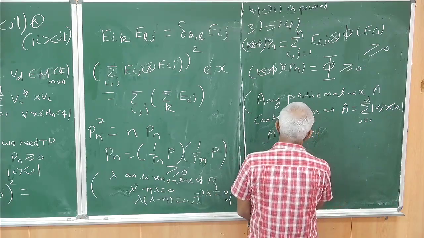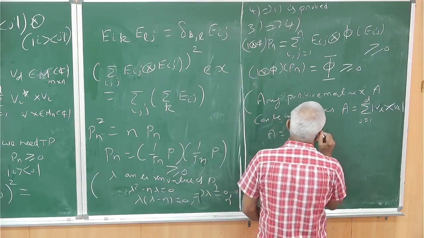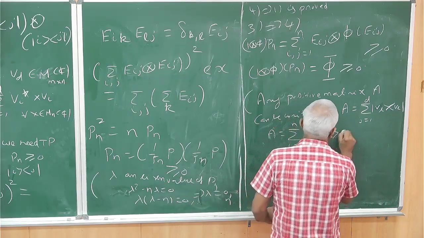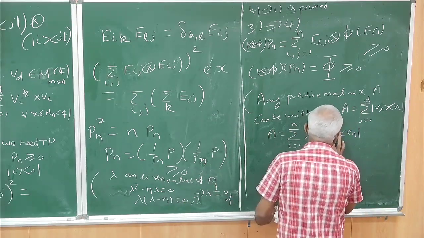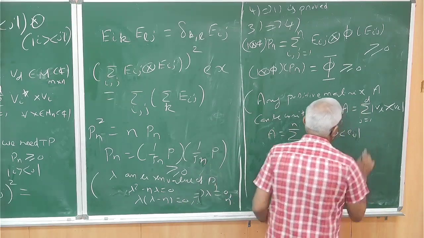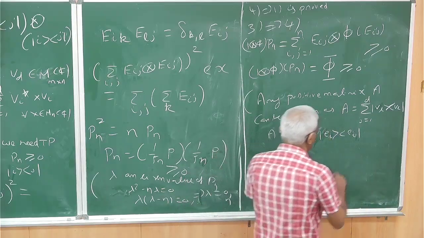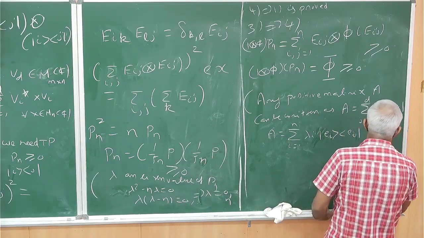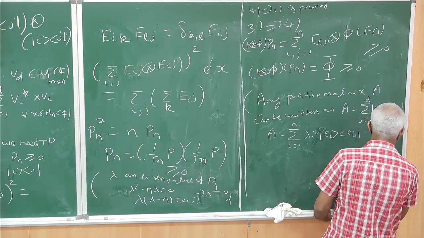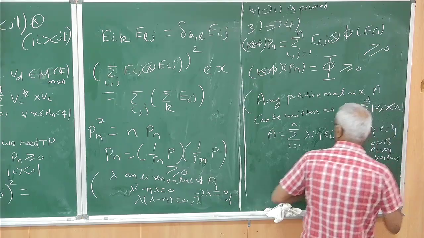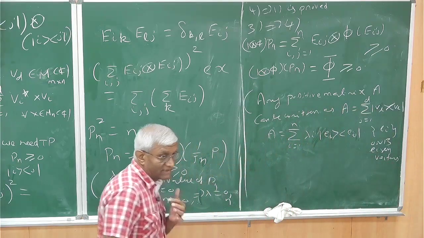Then you can write it as the sum from i equal to 1 to n of lambda_i E_i, the projection onto E_i, where E_i is an orthonormal eigenbasis, ONB of eigenvectors.